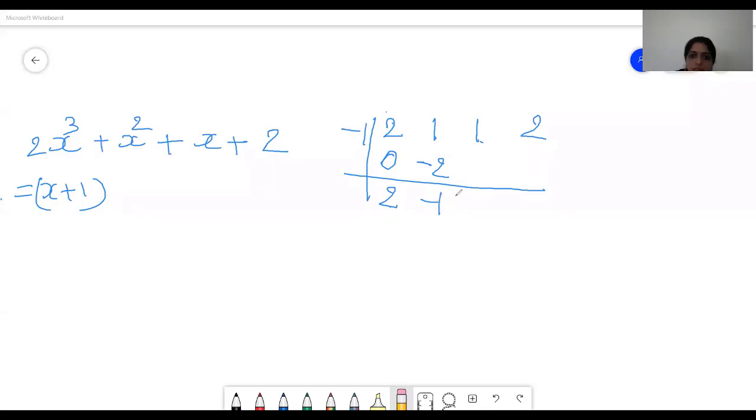Minus 1 into minus 1, that is 1. 1 plus 1 is 2. 2 into minus 1 is minus 2. 2 and minus 2 is 0. So next, this is the coefficient of x square. This is the coefficient of x, and this one is the constant term. So 2 into x square, right?